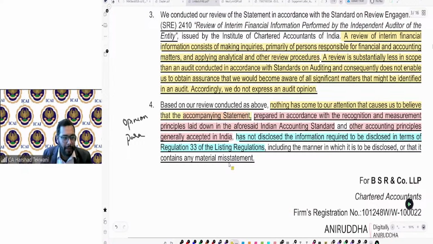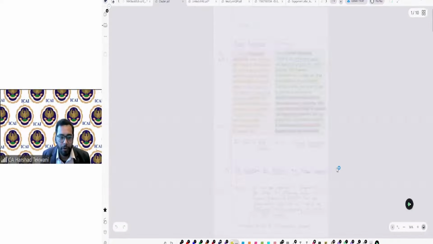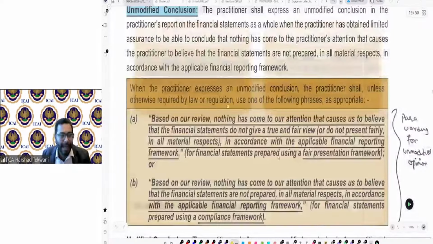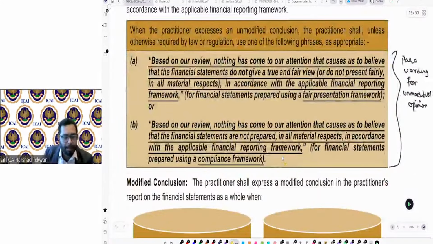And then you take it from the blue: has not disclosed the information required to be disclosed in terms of the applicable financial reporting framework, including the manner, or contains any material misstatement. So, if you see the B1, this is how you need to form an opinion, an unmodified opinion.